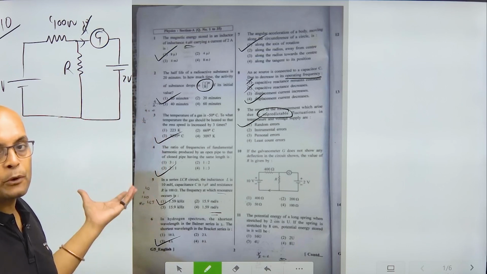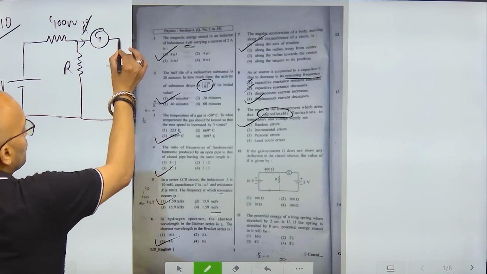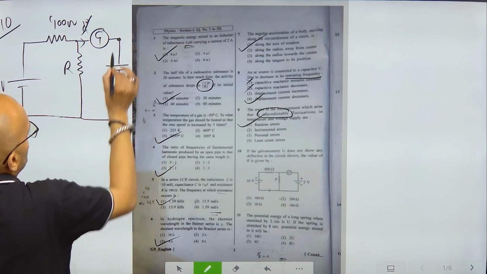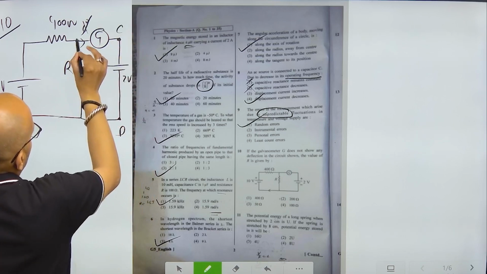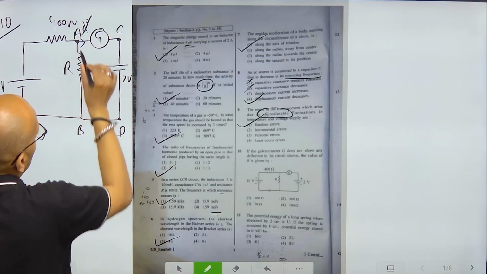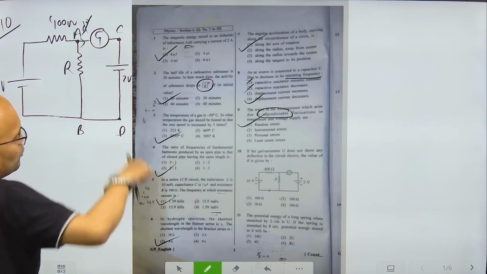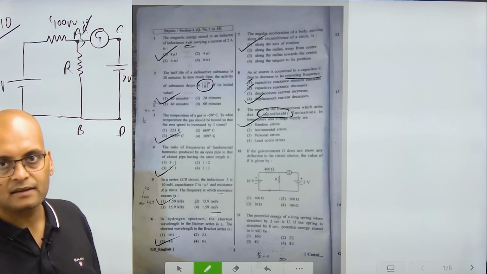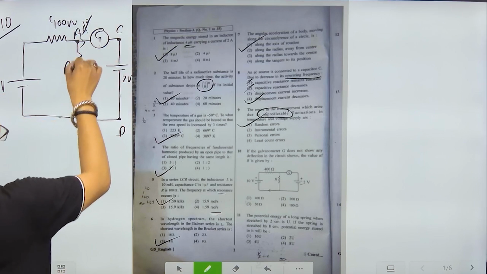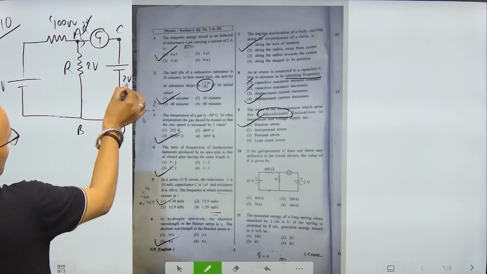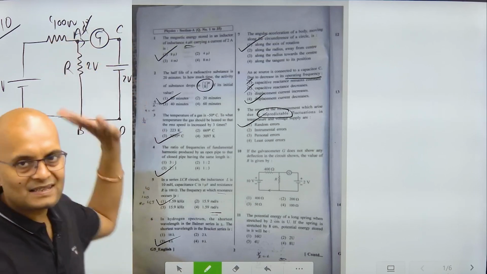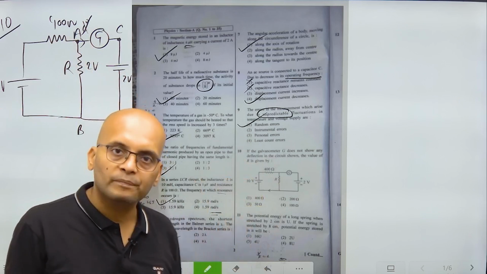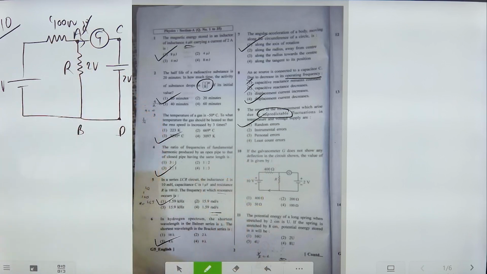Let me call this branch CD and this AB. Potential across AB is equal to potential drop across CD, right? So the potential drop across this resistor will be 2 volt. Then only they are at the same potential and no current will flow. Fine. So this is at 2 volt.